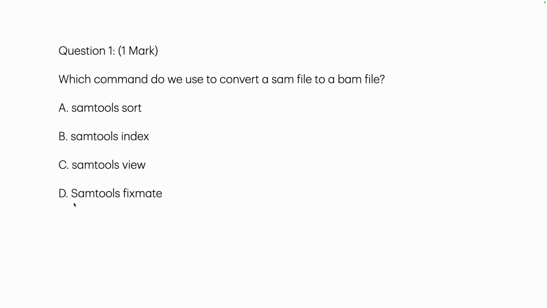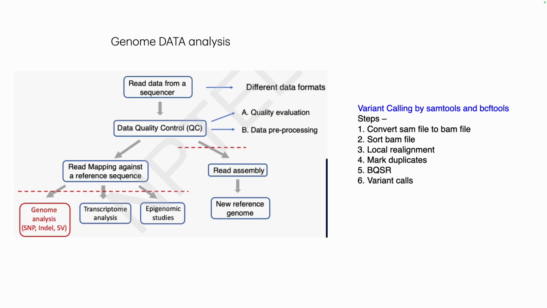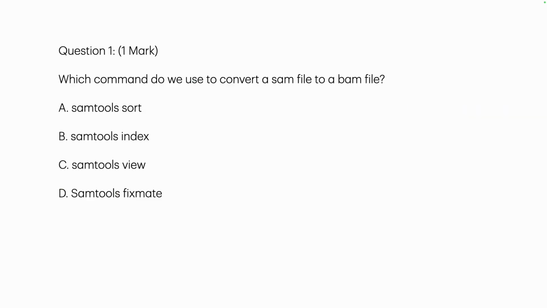Okay, we have one answer, A, samtools sort. Okay, so before sorting, just go to this step. Before sorting the BAM file, we need to convert the SAM file to a BAM file. So this question is asking which command do we use to convert a SAM file to a BAM file.